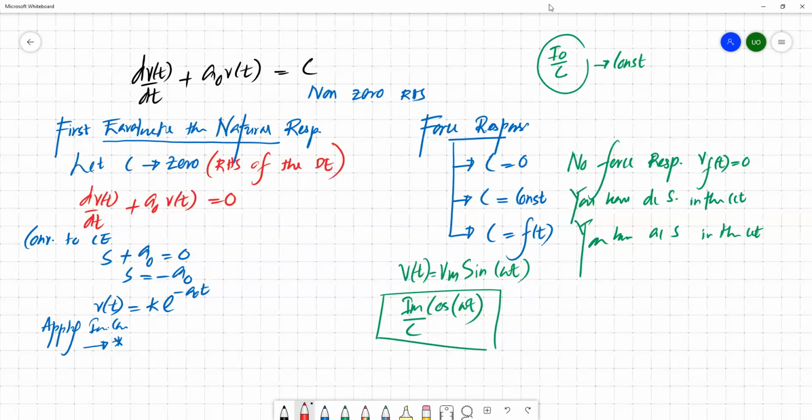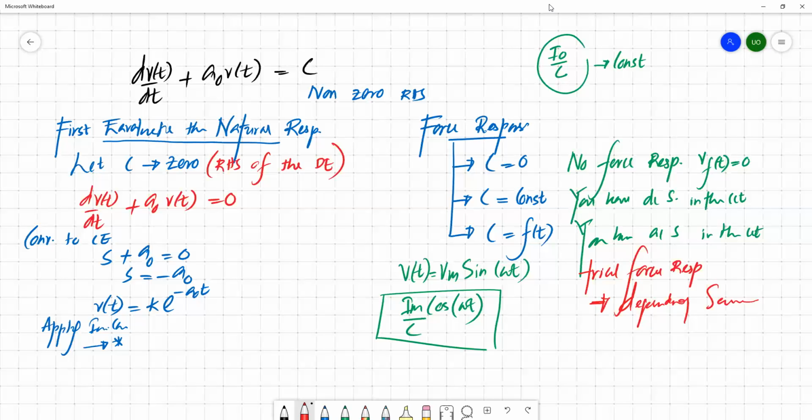So we can come up with the trial forced response depending on the source. Why do I simply say it depends on the source? The trial solution would be aligned or synchronized with the format of the source.